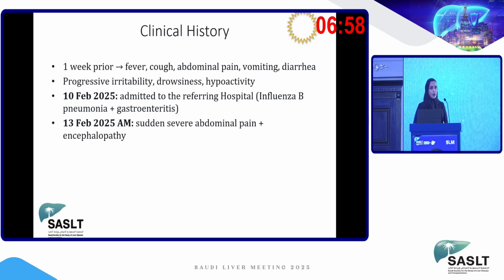Prior to admission, she had typical prodromal viral symptoms. She progressed with being drowsy and hypoactive, and was admitted on the 10th of February in the referring hospital as a case of influenza B pneumonia with gastroenteritis. 3 days after admission, she progressed with sudden severe abdominal pain and encephalopathy.